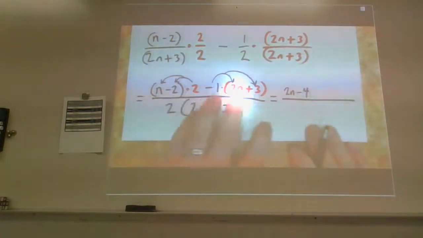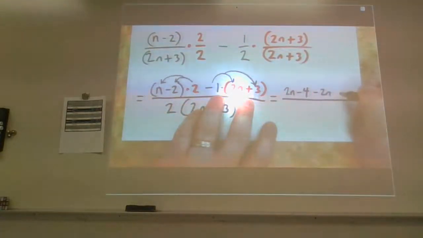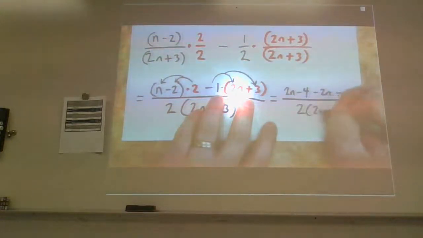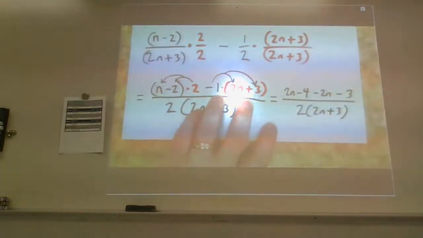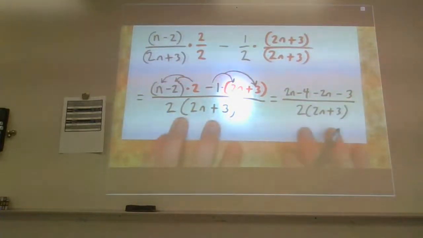If I do that second distribution, I get minus 2n minus 3. Notice what happens to the denominator, nothing. The denominator does not change.